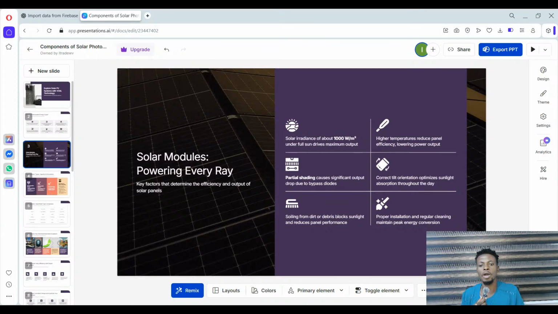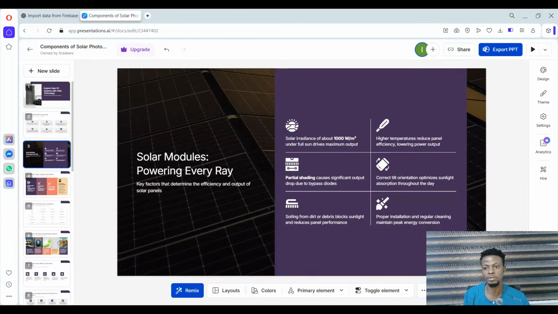Let's say, for instance, you have a lot of dust on the panel, it's going to block some of the sunlight that it is supposed to be receiving. Because now the dirt has covered the surface of the panel, and the sunlight is not really striking the panel properly, unlike when the surface of the panel is free from dirt or debris, and the sun is just blasting it directly.